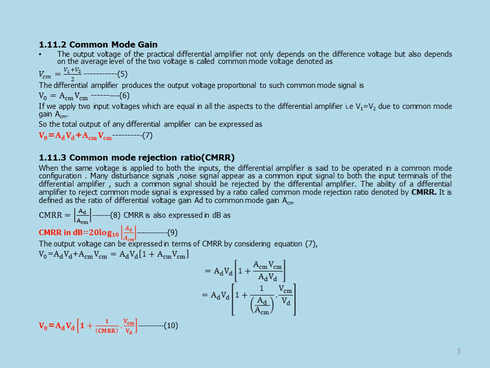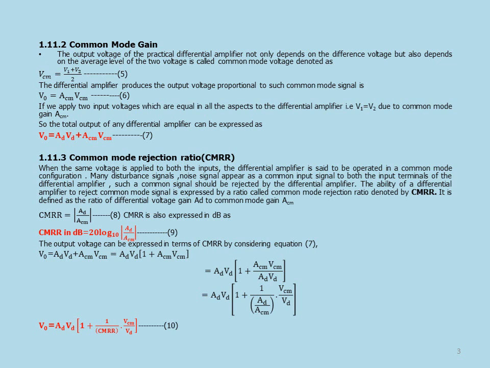Now the total output voltage of a differential amplifier is V0 equal to AD times VD plus ACM into VCM. So the practical differential amplifier also amplifies the common mode signal. That is one problem, or a practical difficulty, with the differential amplifier.